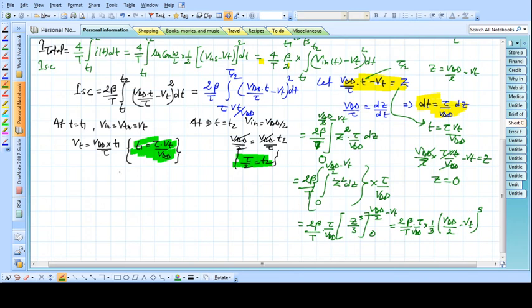So okay, now I am writing this portion. The final value will be 2 beta by tau into tau by VDD into 1 by 3, and we can write it as (VDD minus 2 vt) whole cube by 8.